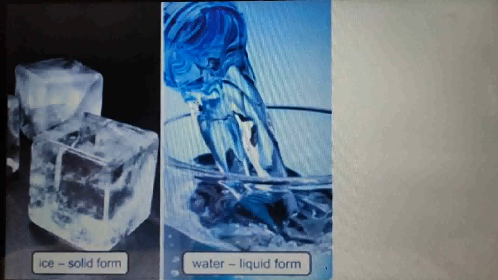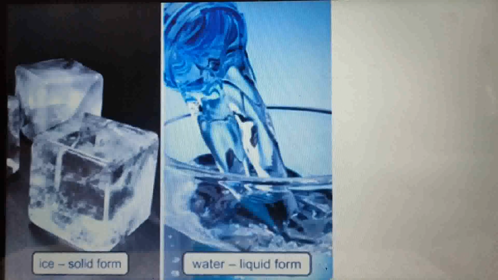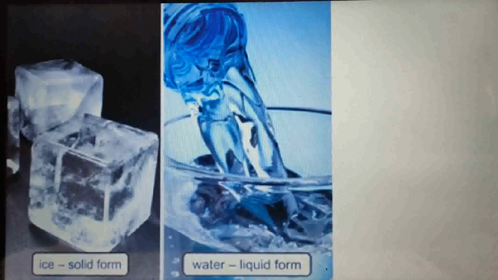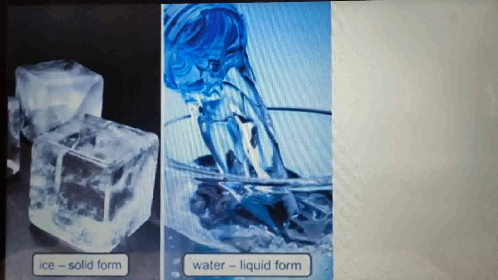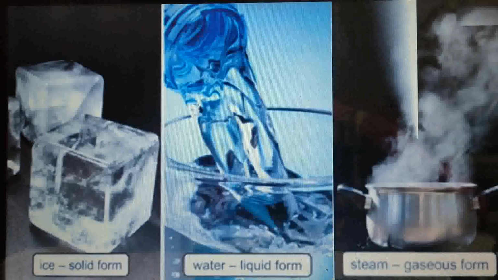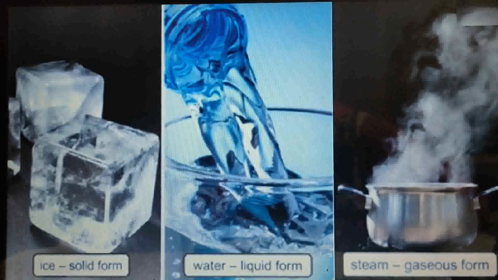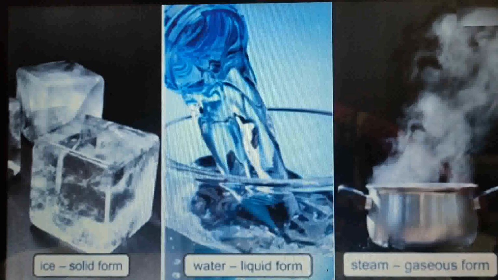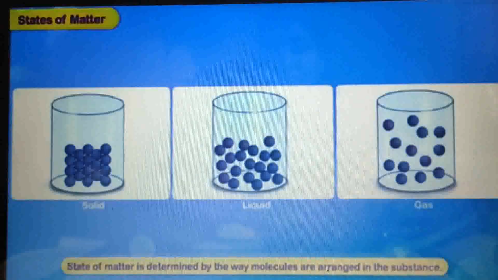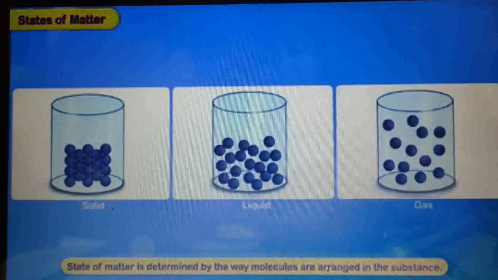Then the water we drink is a liquid form. When we heat this water, what will we get? Yes, we will get steam. And this steam is a gaseous form of water.